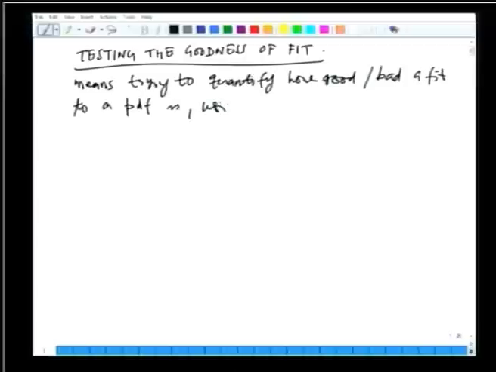How do we do that? Using any test, and there are many tests available, and we said that we are going to use what is called a chi-square test. In this course we will look at a very famous test of goodness of fit, which is called the chi-square test.